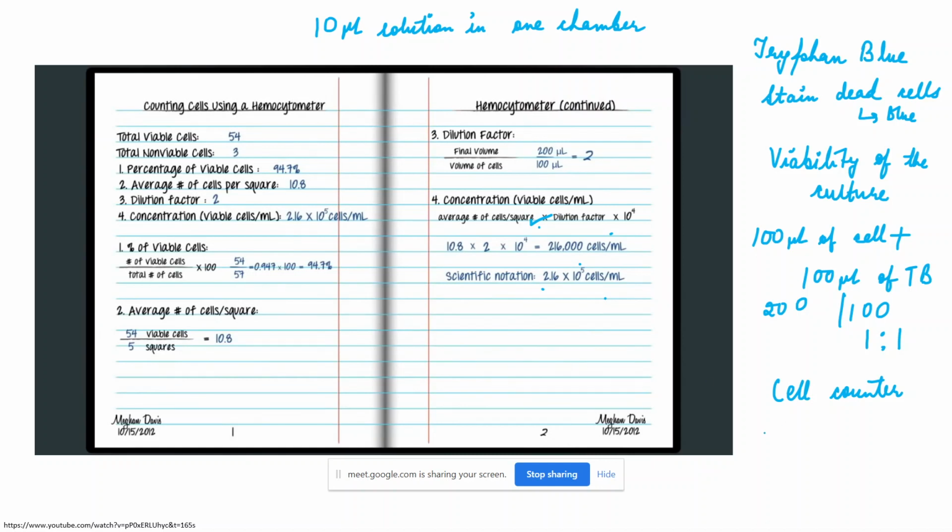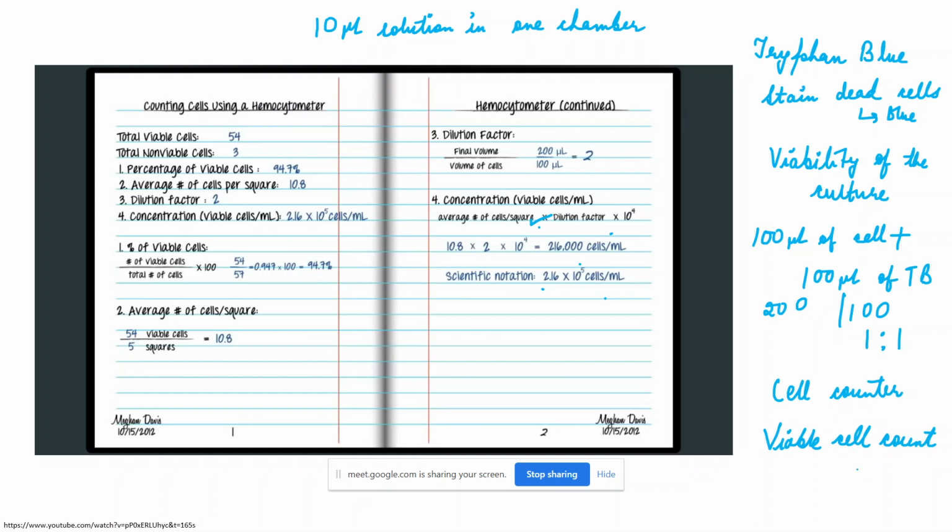So the hemocytometer is used for determining the viable cell count. It is one of the most important and basic techniques in cell culture that you will have to use in any cell culture lab you go to, no matter what kind of study you are doing.